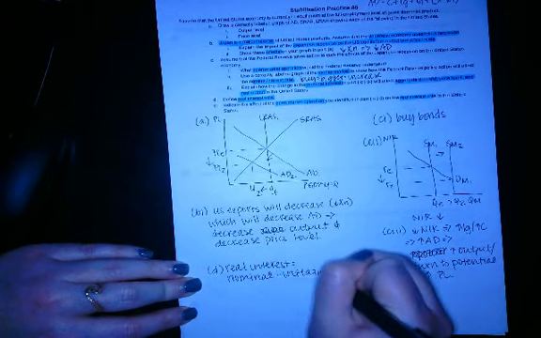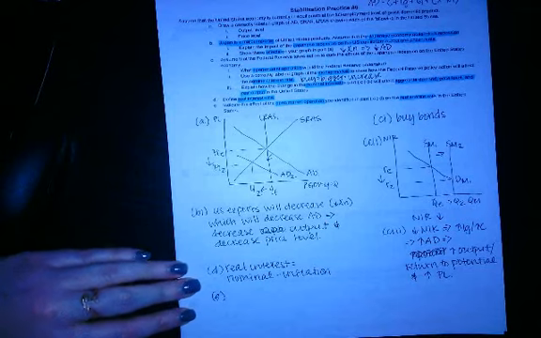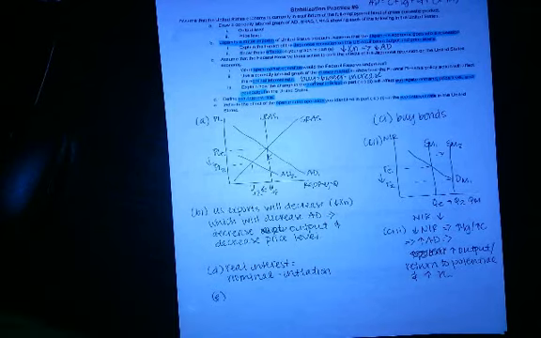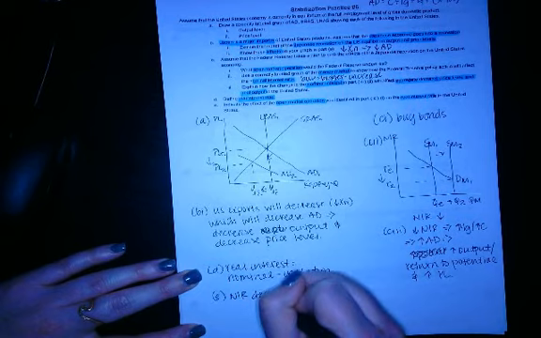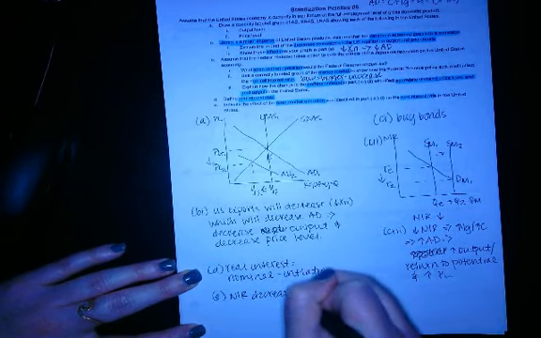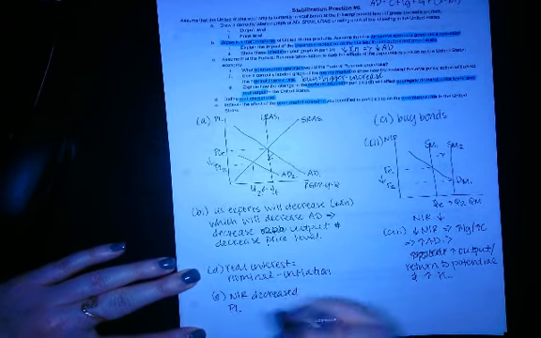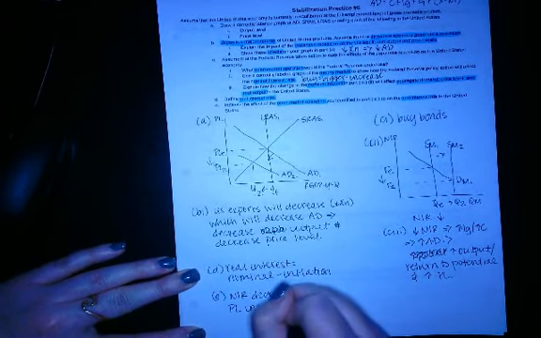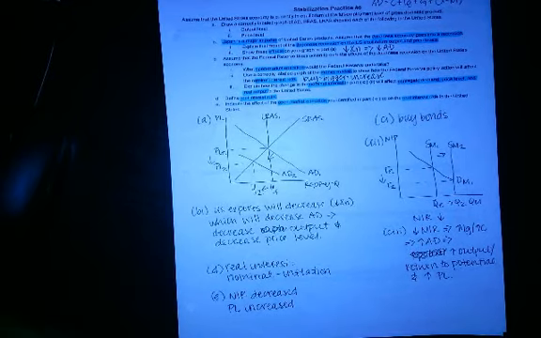Well, our nominal interest rate decreased. And our price level increased. So we know price level and nominal interest rate both include inflation. So our nominal interest rate decreased, which led to our price level increase because of that increase in AD.